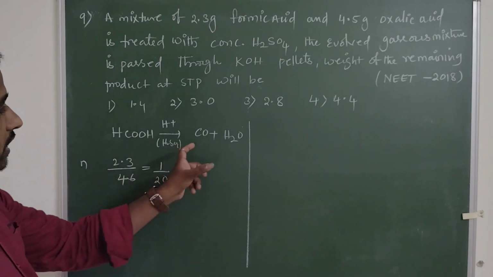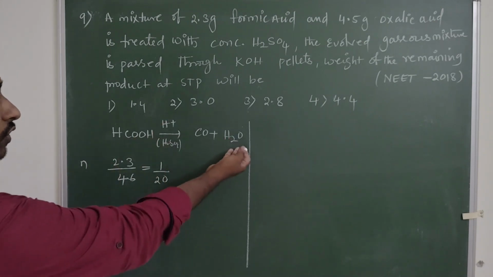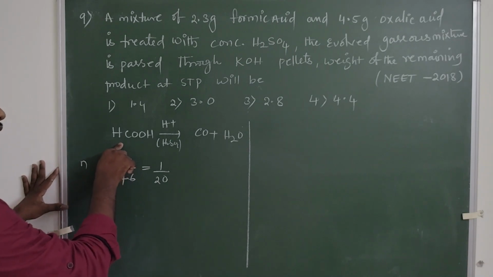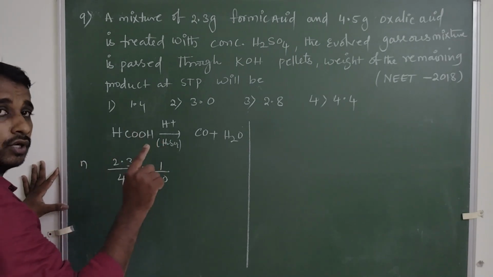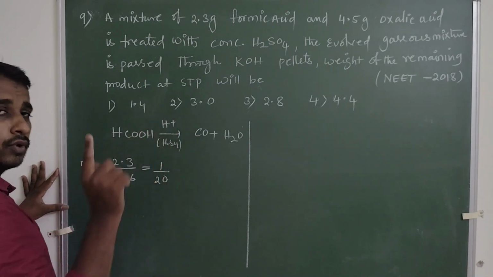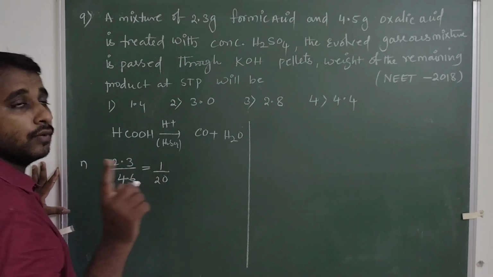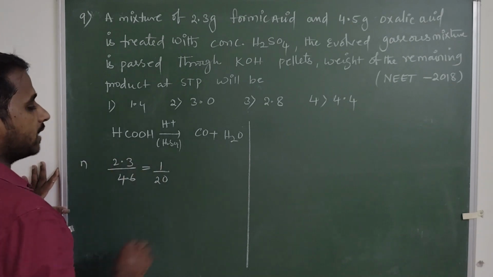After dissociation, the H2O is absorbed by H2SO4. So 1 mole of HCOOH will give 1 mole of CO, meaning 1 by 20 moles of HCOOH will give 1 by 20 moles of carbon monoxide.